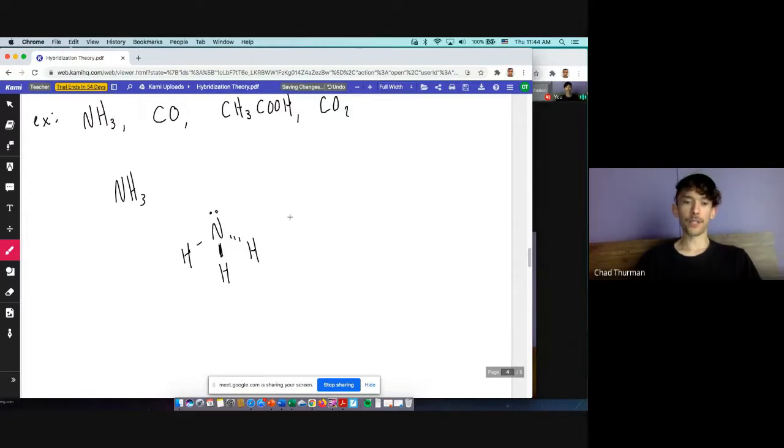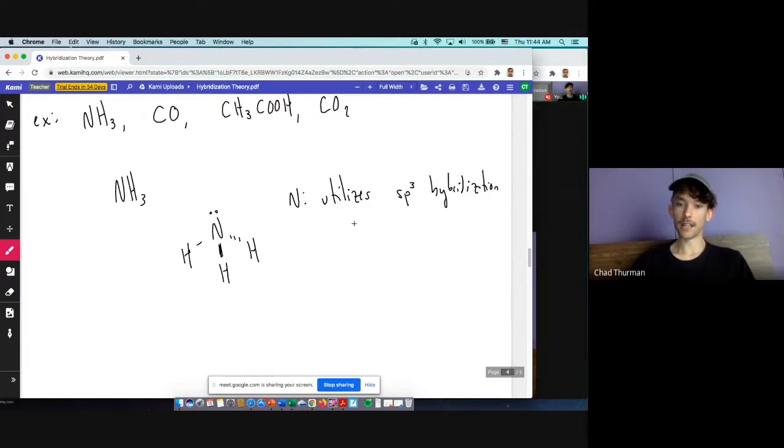And so I look at this and I recognize, aha, that nitrogen has 4 electron domains. I'm sorry, I said earlier it's trigonal planar. That is incorrect. It's trigonal pyramidal. So there's many ways that you can start to think about this. I'm going to say that the nitrogen utilizes sp3 hybridization. How did I know that?